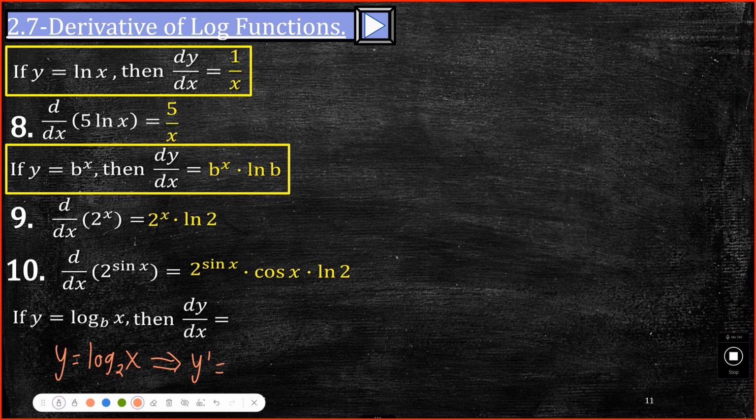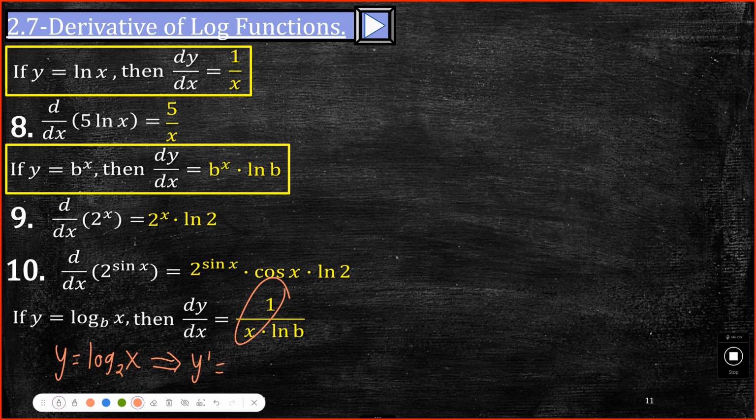It's 1 over x ln b. So like ln, you do have 1 over x, but then everything's at the bottom.